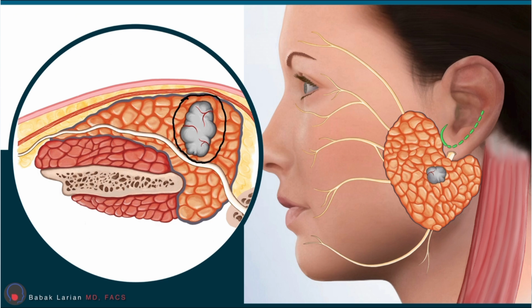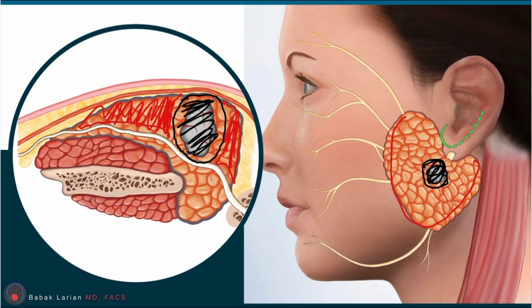So removing the whole entire superficial lobe was the same in terms of recurrence of the tumor, the tumor coming back, as just removing this black area. So just removing the black area versus all of this additional tissue. So it's an over operation. Just like the incision is an over operation designed for cancer surgery, removing the entire superficial lobe is also doing too much, being too extensive without any additional benefit.